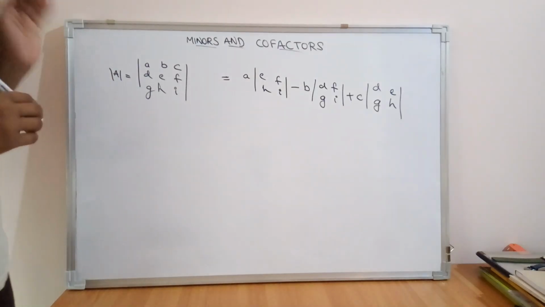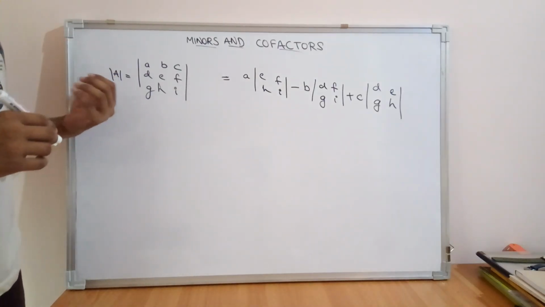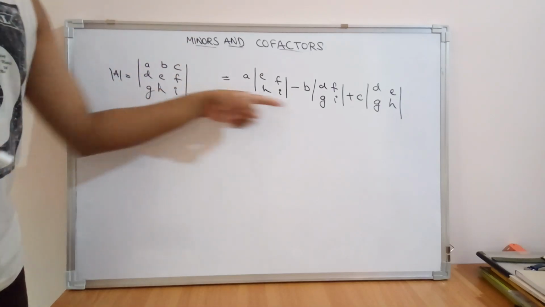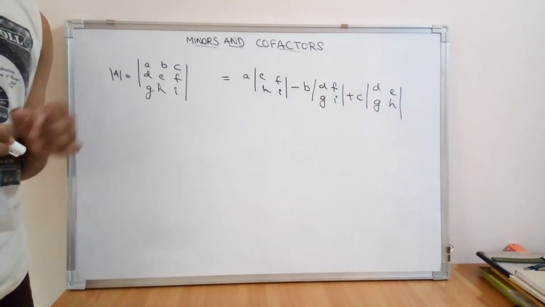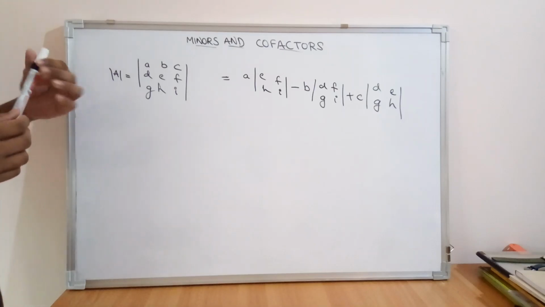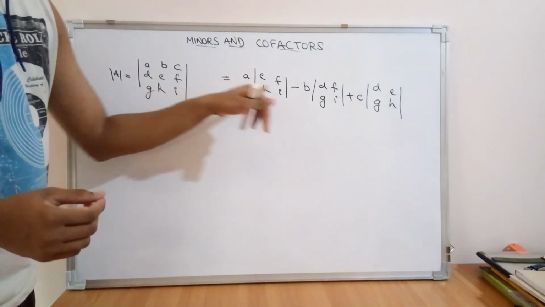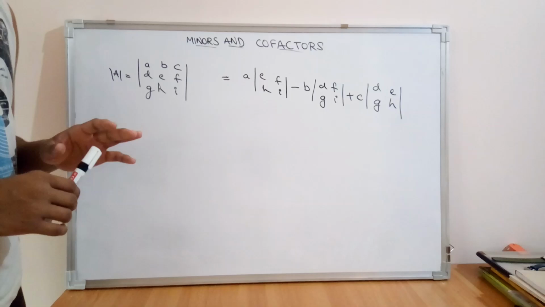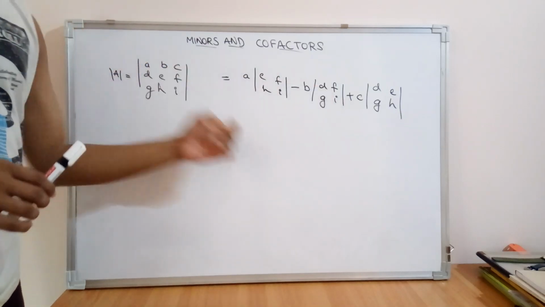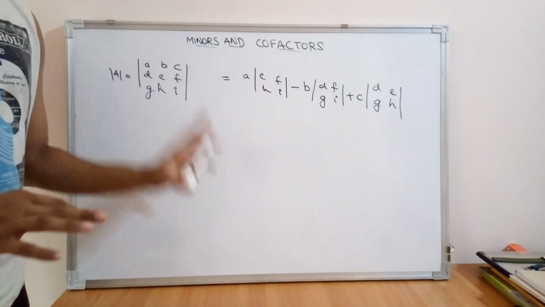So first of all, we are going to connect this statement to cofactors, not minors, only cofactors. We are considering A, B, C to be the first row elements, so we are not going to touch them.